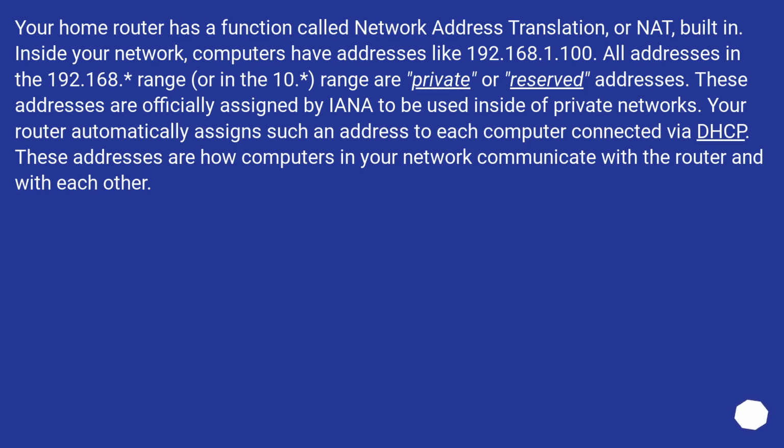All addresses in the 192.168 range, or in the 10 range, are private or reserved addresses. These addresses are officially assigned by IANA to be used inside of private networks. Your router automatically assigns such an address to each computer connected via DHCP. These addresses are how computers in your network communicate with the router and with each other.